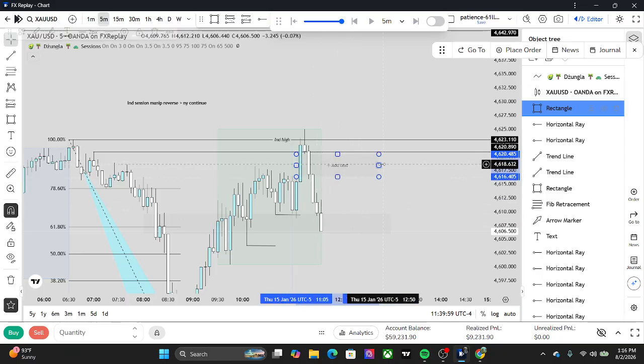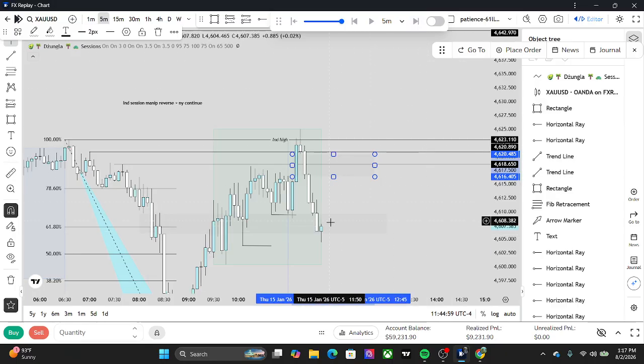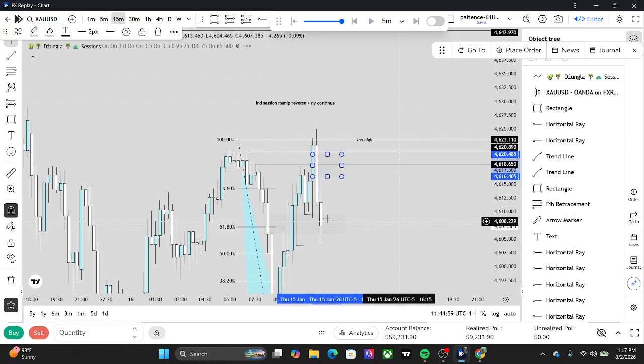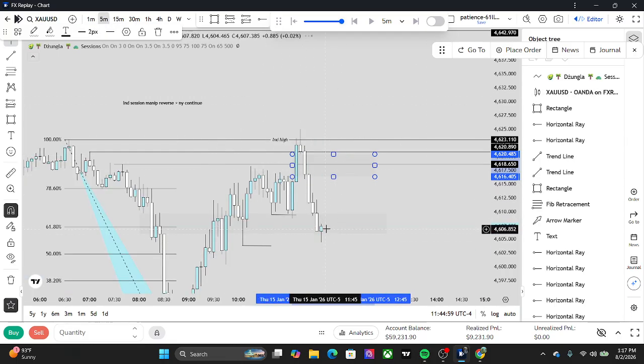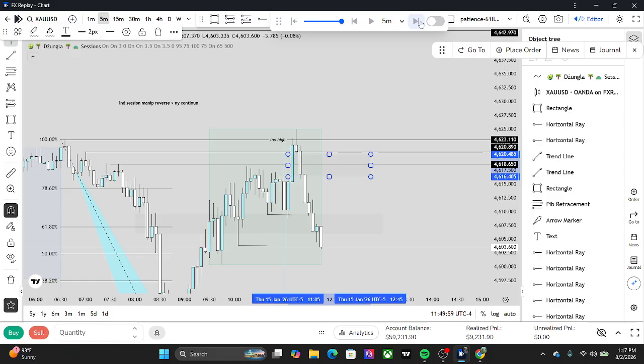And once you inverse a fair value gap and you retrace into it, it can later act as a ceiling for the price to continue lower. Right off of this zone is what I like to see. I like to see us getting that bullish candle right in this zone instead of all the way down here.